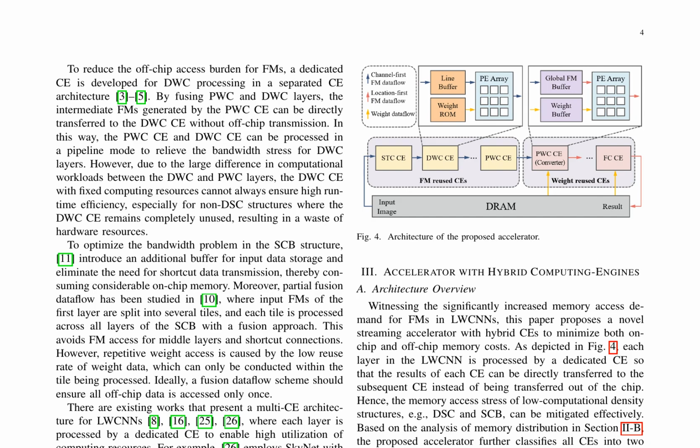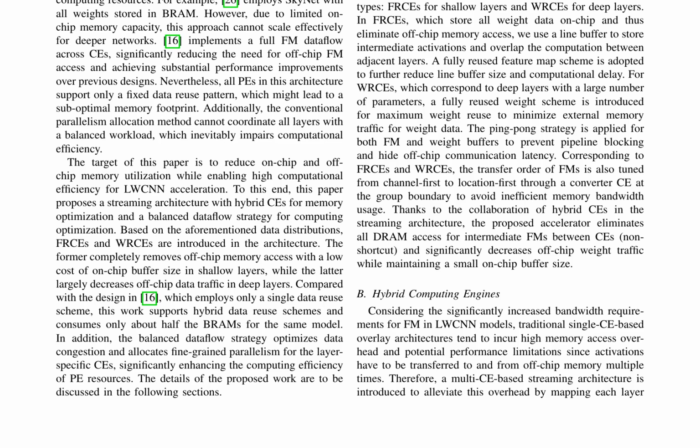To address these limitations, the authors propose a streaming architecture with hybrid CEs for memory optimization and a balanced dataflow strategy for computing optimization. The architecture consists of two types of CEs: feature reuse computing engines, FRCEs, for shallow layers, and weight reuse computing engines, WRCEs, for deep layers.